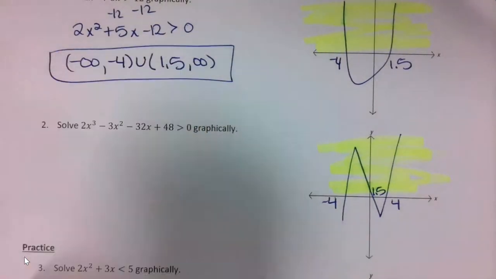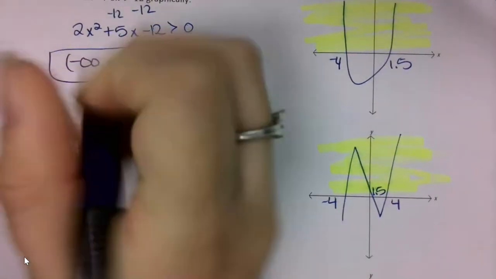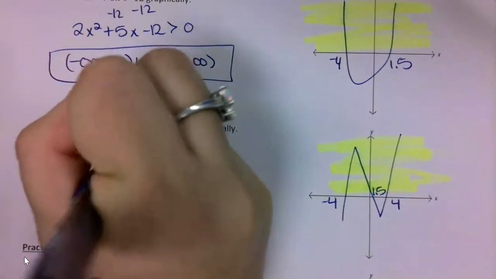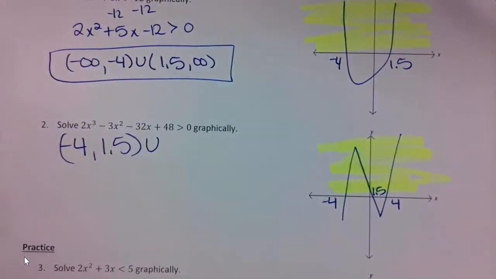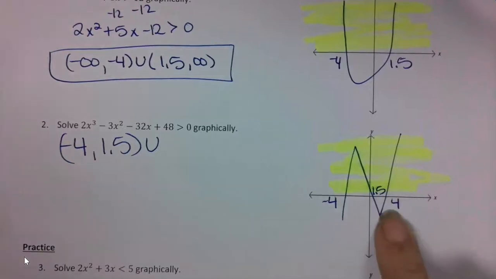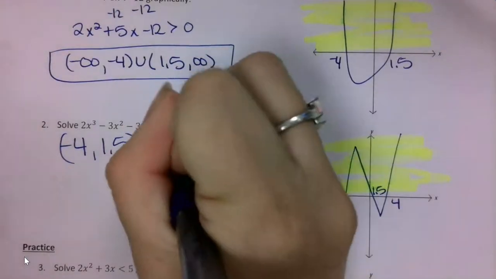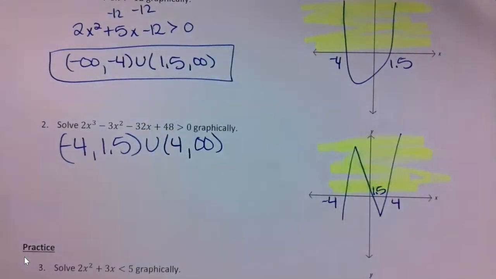Okay. So I have -4 to 1.5, and then union because it takes a break and dips down below, and then at 4 it starts up and is positive again. So I have 4 to infinity.